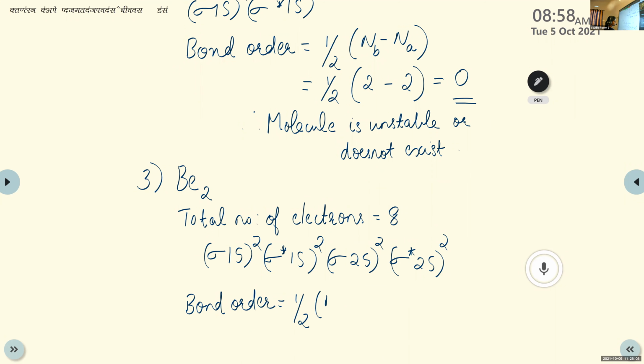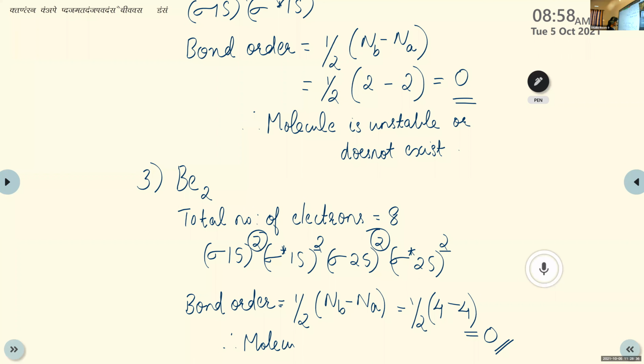Half into Nb minus Na. That's equal to half into, what about the total number of electrons in bonding molecular orbital? 2 plus 2, that is 4. And in the case of anti-bonding also 2 plus 2, 4. So half into 4 minus 4, that is also equal to 0. Therefore, the molecule is unstable or does not exist.